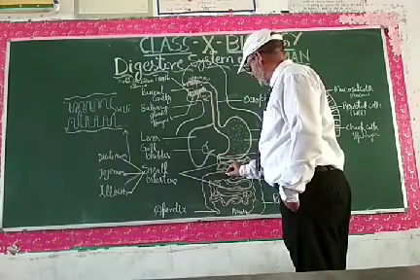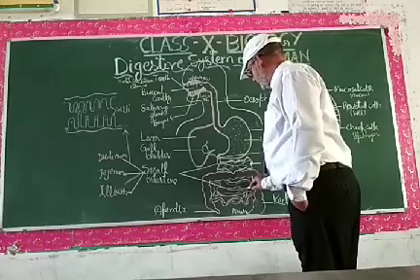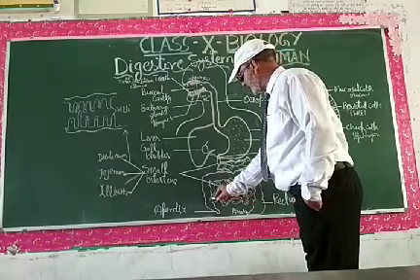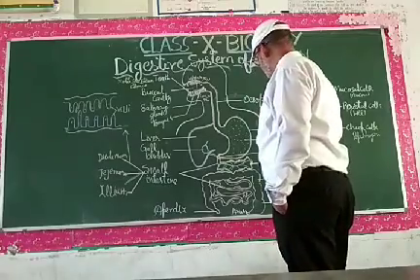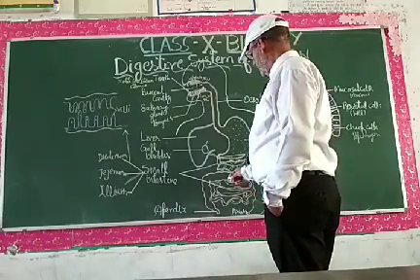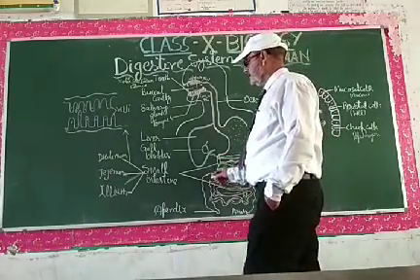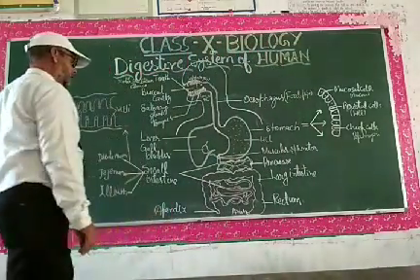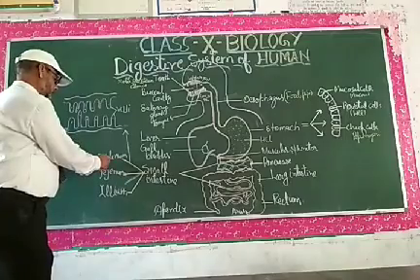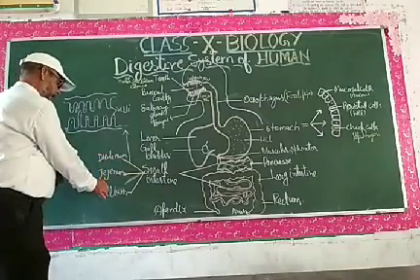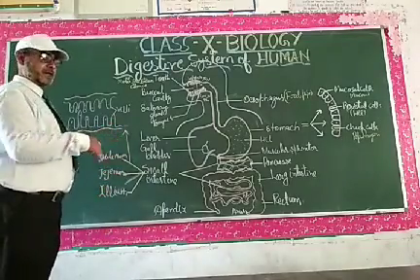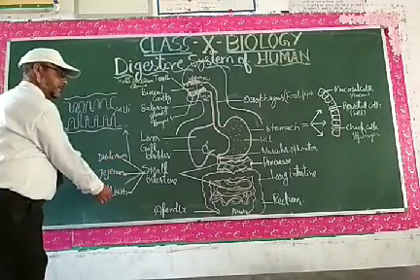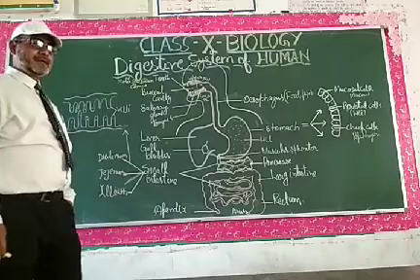Dear students, you are looking here at the small intestine. It is a narrow tube-like structure which is connected with the large intestine. The small intestine is of three types: duodenum, jejunum and ileum. The foremost part is the duodenum, the middle is the jejunum, and the third is the ileum.